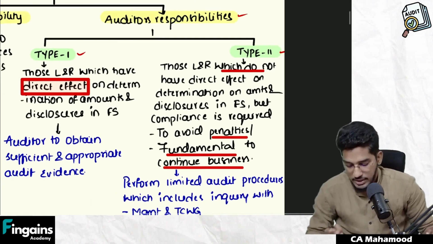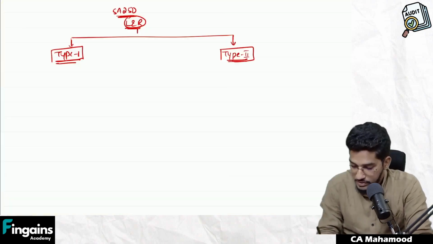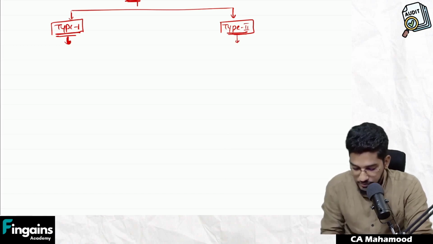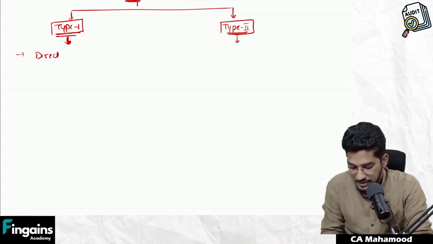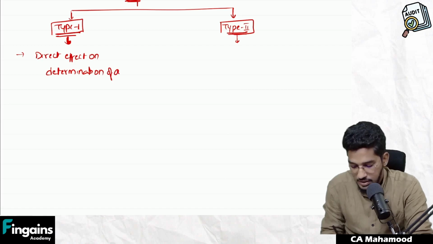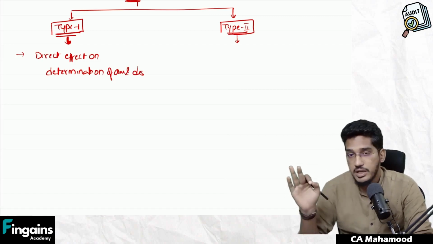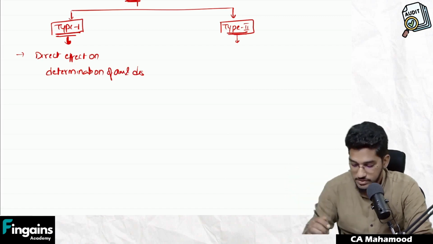Let me try to explain it slowly here. For the purpose of auditor's responsibilities, laws and regulations are divided into two categories, type 1 and type 2. Under type 1 are those laws and regulations which have a direct effect on the determination of amounts and disclosures in the financial statements.